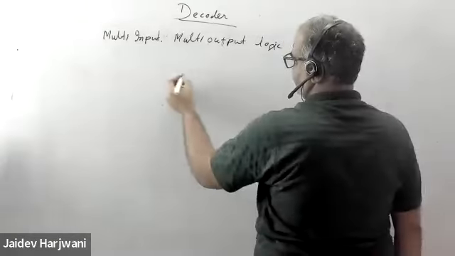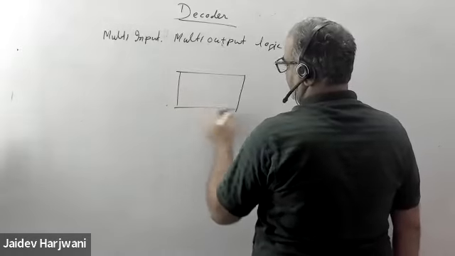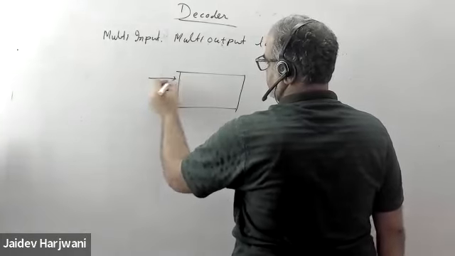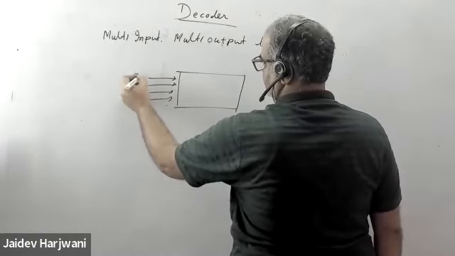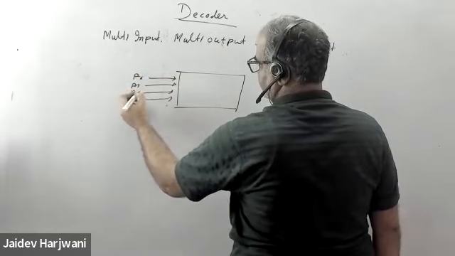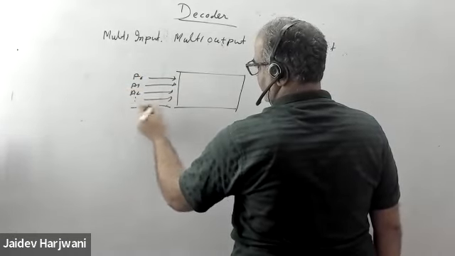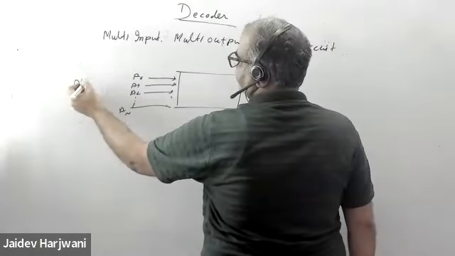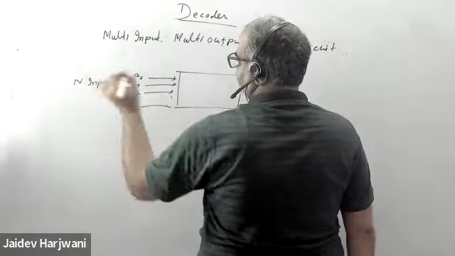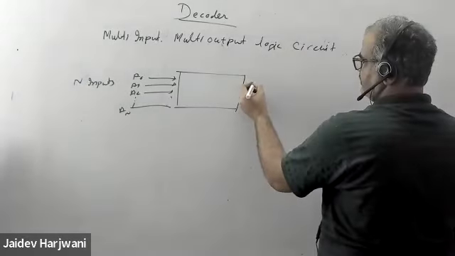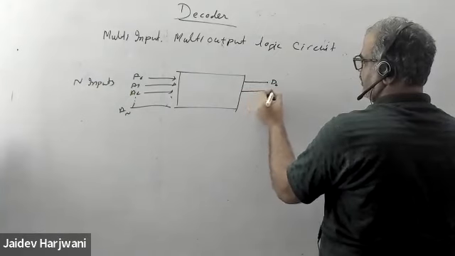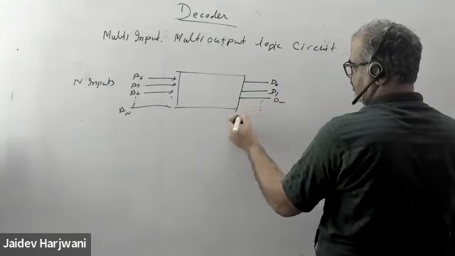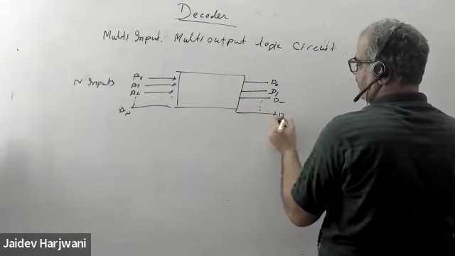So you have, say, n inputs: A0, A1, A2, and so on, up to An. And you have m outputs, say D0, D1, D2, and so on, up to Dm.